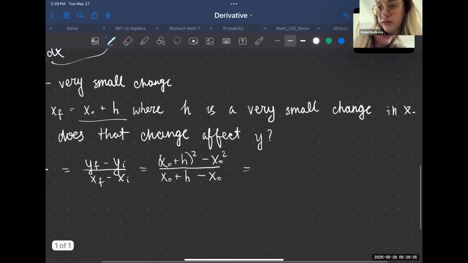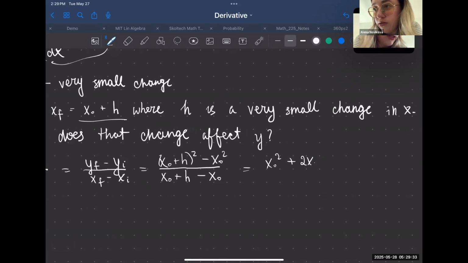Okay. So we're going to have x naught squared plus 2 x naught h plus h squared minus x naught squared. And then in the denominator, x naught cancels, so we're just going to have h.